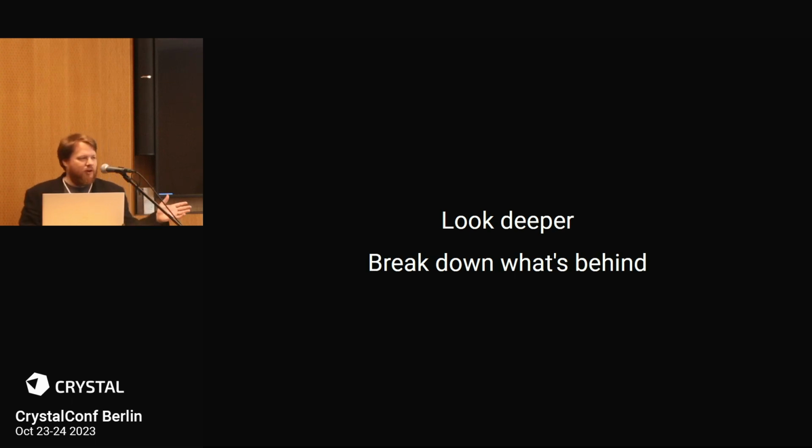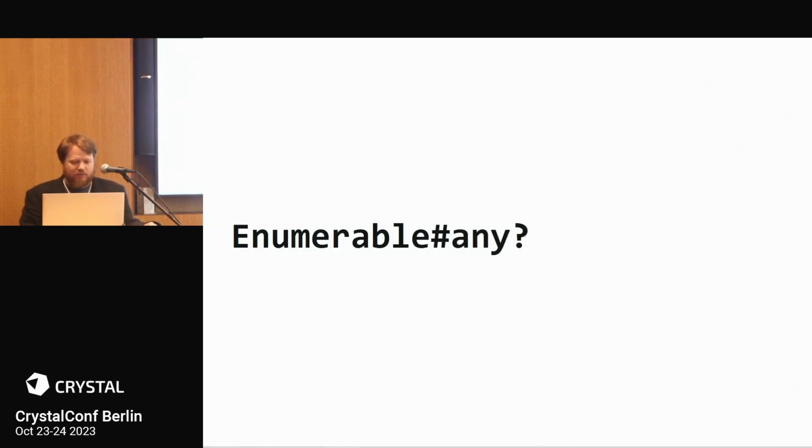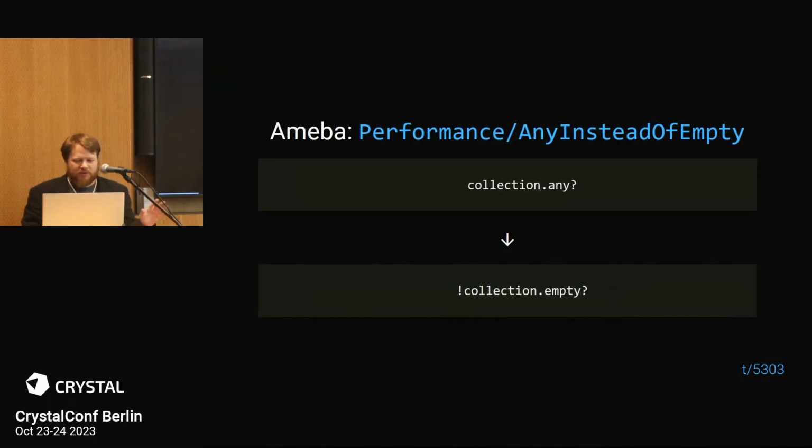So I'll be talking about some examples that we had in the last couple of months, and maybe some will remember the discussion about Enumerable#any?. There's a long comment thread on that. This was initially the discussion on Ameba, the linter tool, which has a rule that says you shouldn't use any?, instead you should use not empty.